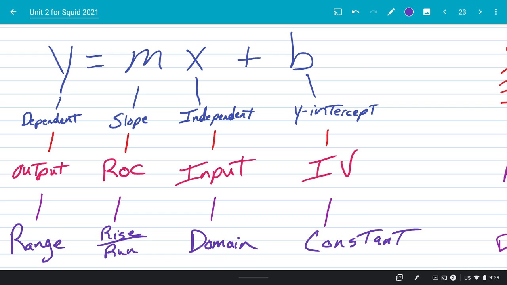Literally, in contextualizing, the hardest thing is identifying what you're dealing with. You can identify everything that you're dealing with.